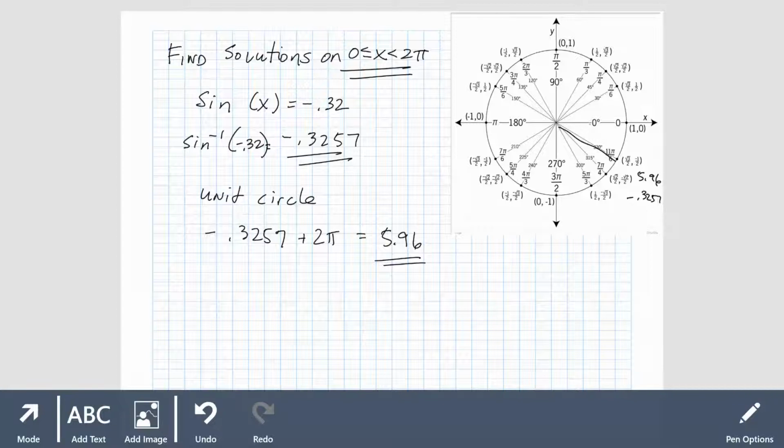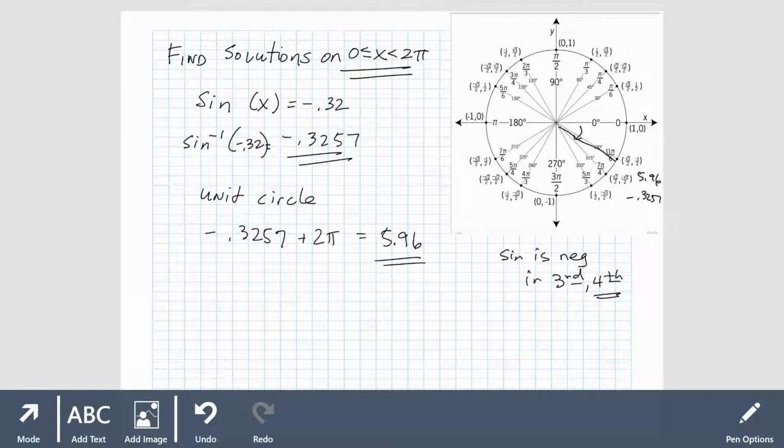Now, notice what we've done is we've gotten a fourth quadrant answer, which is where my sine value is negative. The sine is also negative in the third quadrant and the fourth quadrant. So the sine is negative in both of these because that's where y values are negative.